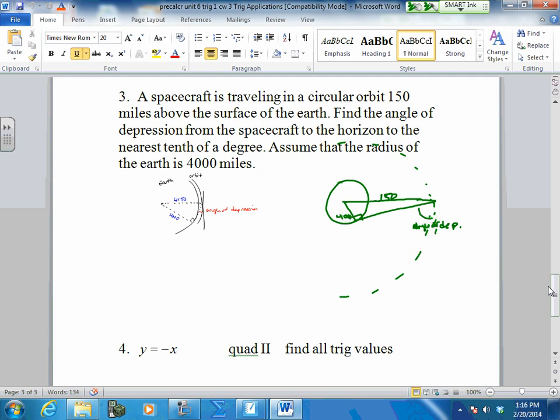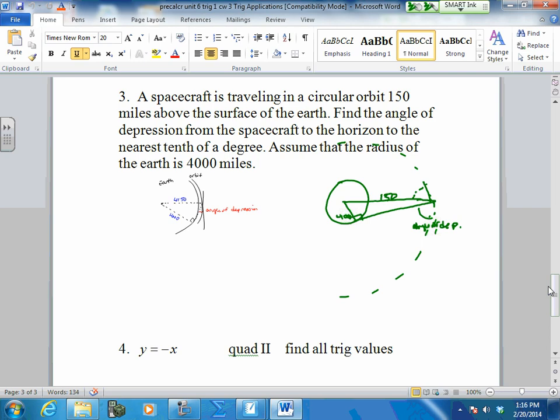The angle of depression is drawn a little bit wrong; it should have been on the other side. The angle of depression to the spacecraft at the horizon, we have to find. Now, assume that the radius is 4,000 miles.